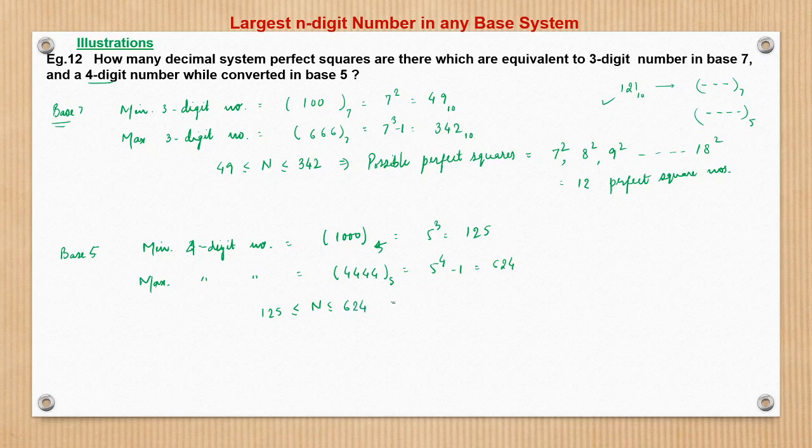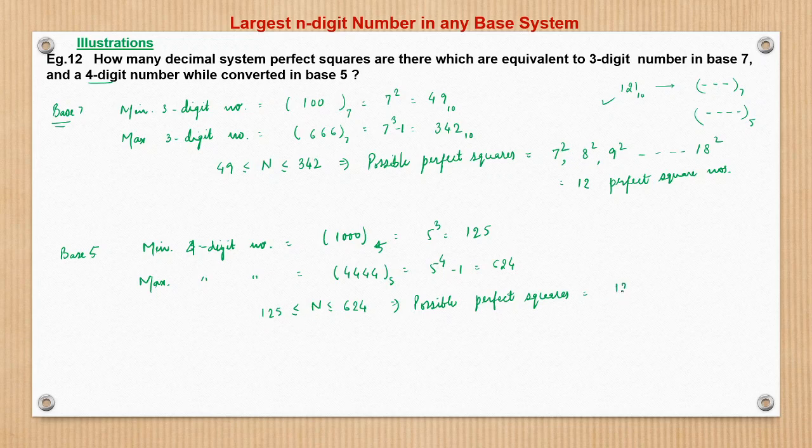So possible perfect squares from here, the minimum is nothing but what? 125. Now 11 square is 121, right? So this is not in this range. 12 square is 144, which is in this range.